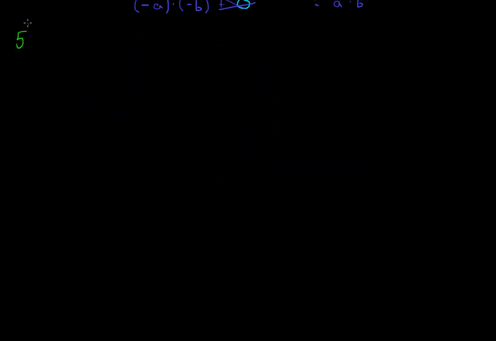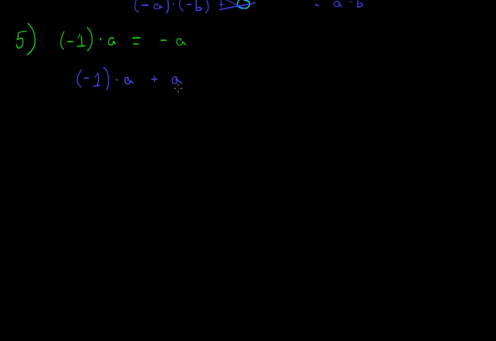Number 5. I'd like to prove that negative 1 times a is equal to negative a. Again, it's what you would expect. Negative 1 times something is just the negative of that. So to prove this, let's start with negative 1 times a plus a.